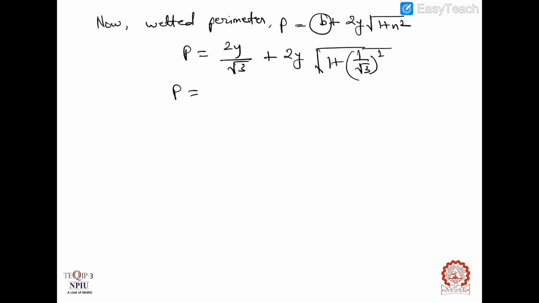So P is equal to 2y by root 3 plus, again 2 will come out, 4y divided by root 3.